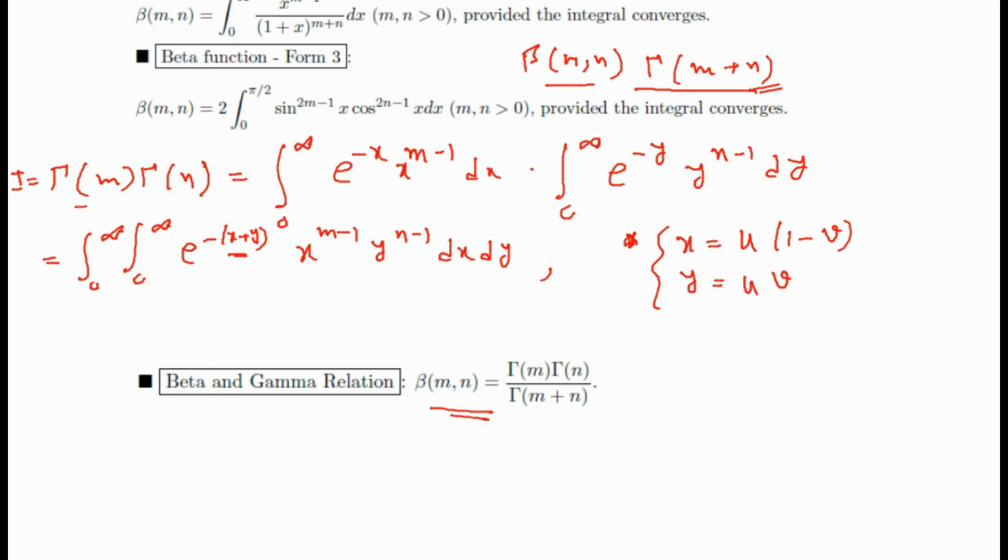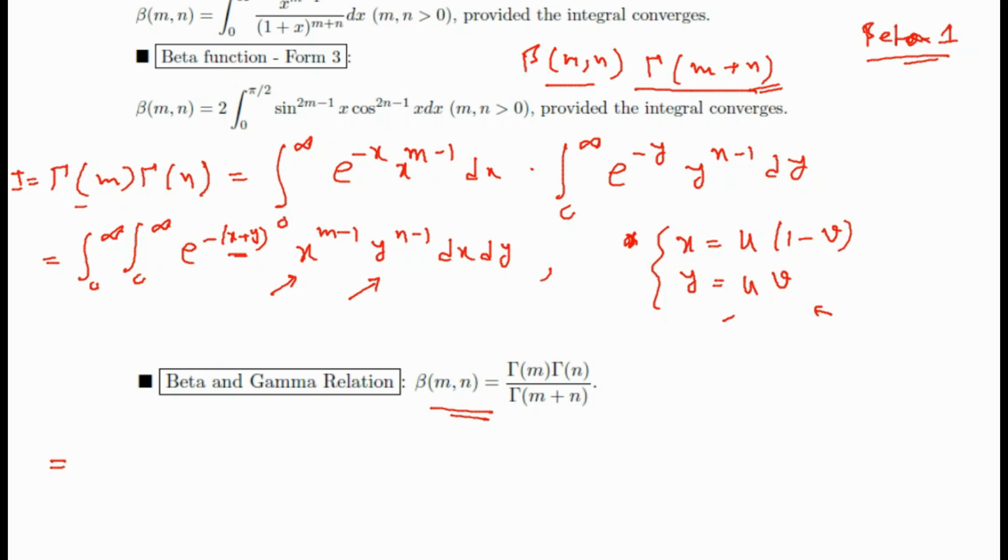Another one is that whenever you put x and y here, then you will see u, 1 minus v and v all in the beta type one form. For that reason, this transformation is preferable.